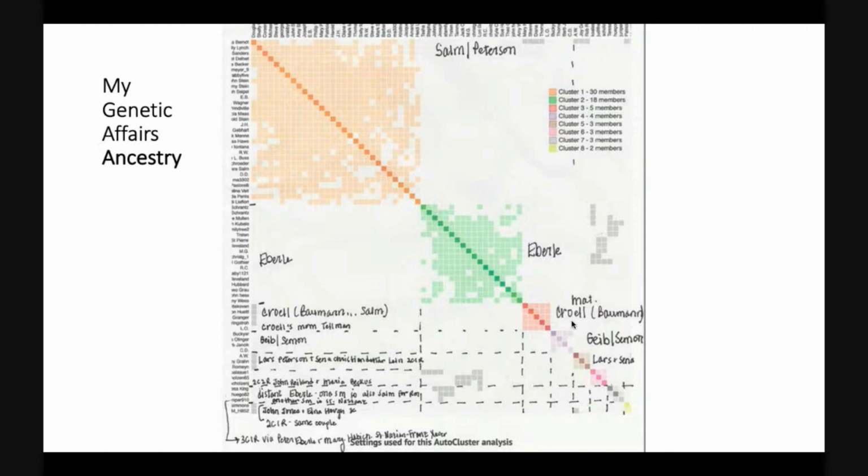Moving down, we've got the green cluster, and I noticed there were some Eberleys in that cluster. And then we get to these smaller and smaller clusters. And these represent my matches who are related through great-grandparents or in some instances, great-great, or even third great-grandparents.